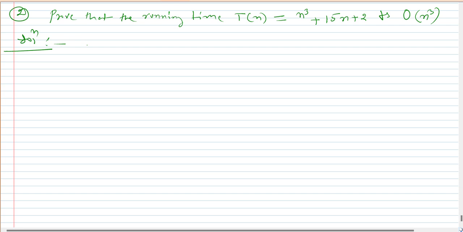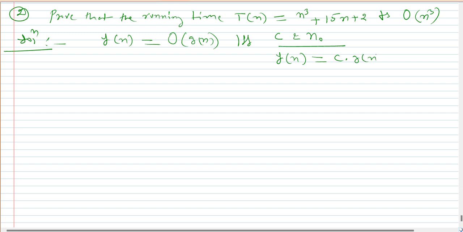We know by definition of big O, a function f(n) is big O of g(n) if and only if there exist a constant c and n naught such that f(n) is less than or equal to c dot g(n) for all values of n greater than or equal to n naught.